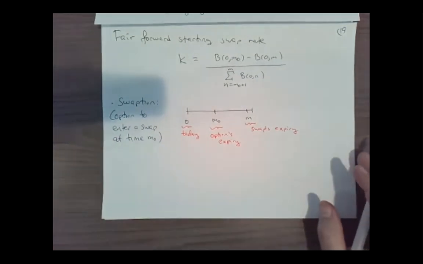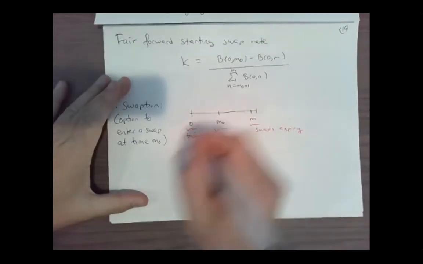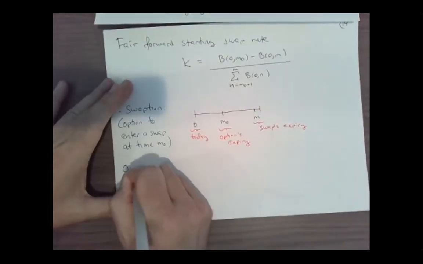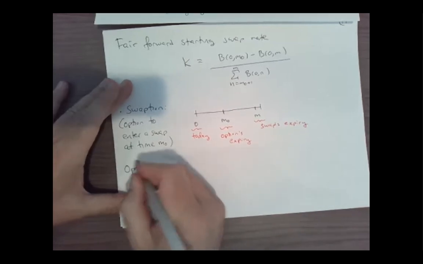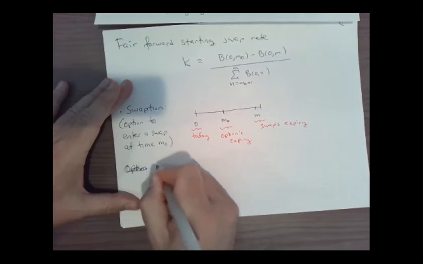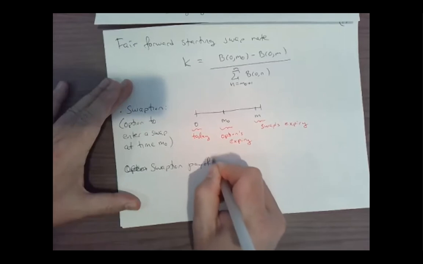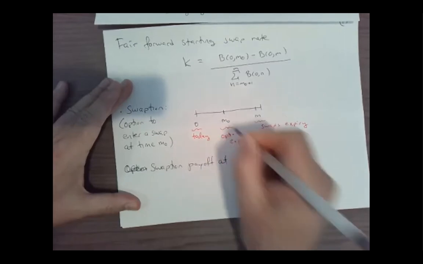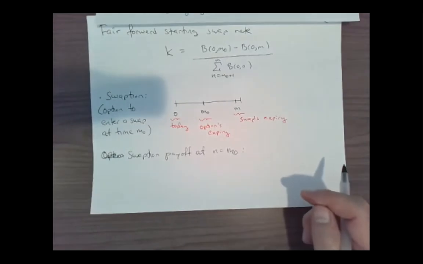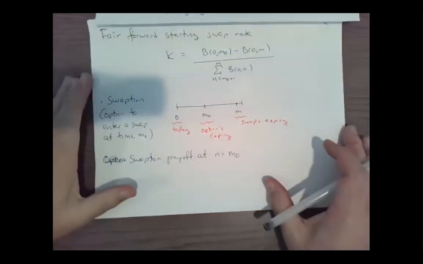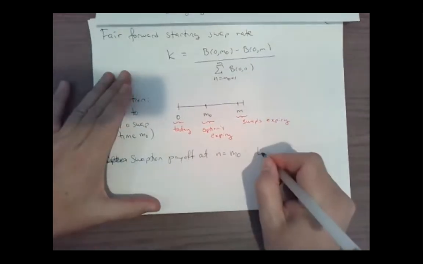Okay, so what's the payoff? I shouldn't call it option, I should call it a swaption. Swaption payoff at time M0. So let's figure out what is the fair rate.